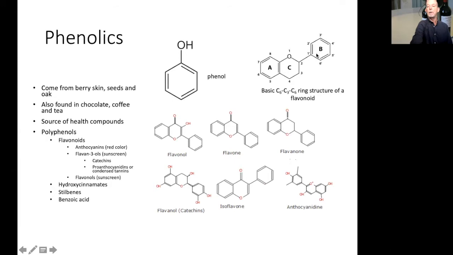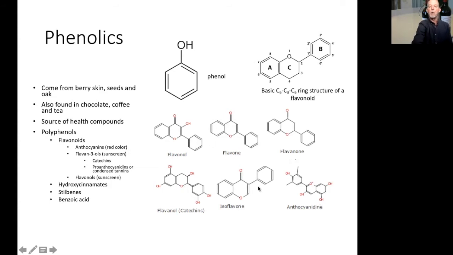We have an A, B, and C ring, and there are lots of different R groups or molecular groups that are attached to these rings and different components to give different groups of phenols. So we have flavonols, flavones, flavanones, isoflavones, and anthocyanidins.